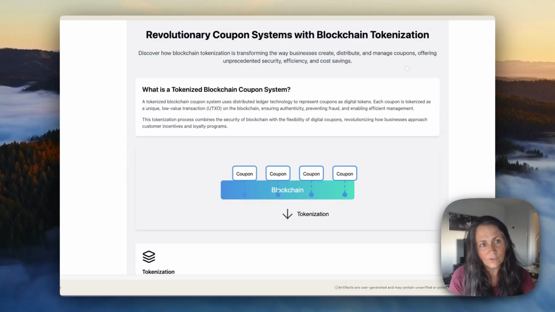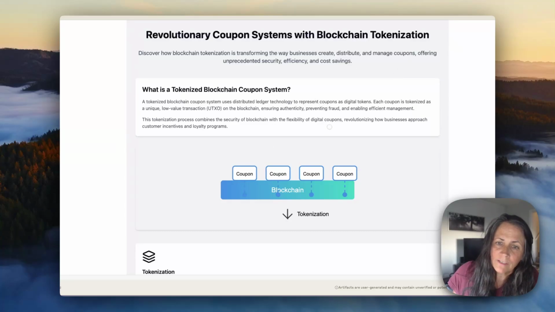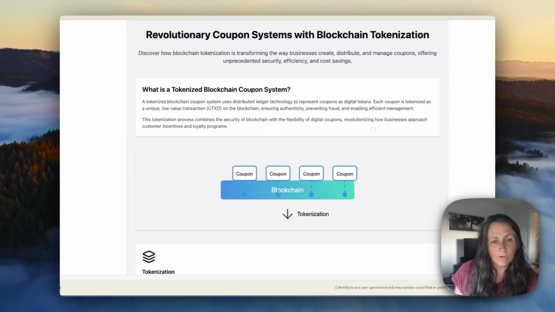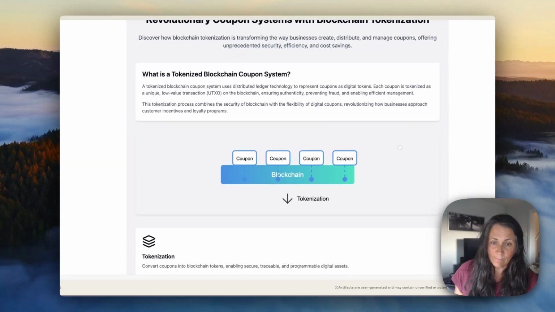So when I teach about Bitcoin as Satoshi's original vision, that is called BSV, Bitcoin SV. Anyway, this tokenization process combines the security of blockchain with the flexibility of digital coupons, and it can revolutionize how businesses approach customer incentives and loyalty programs.